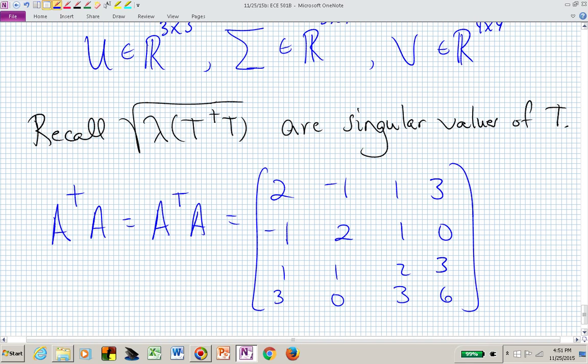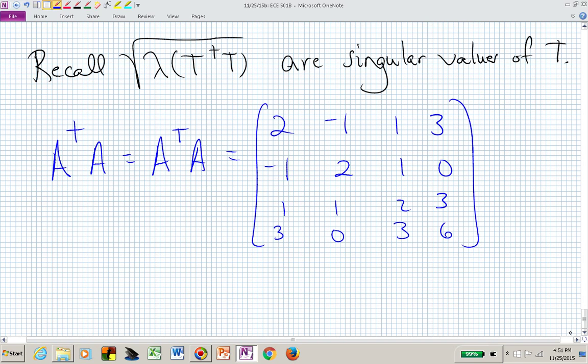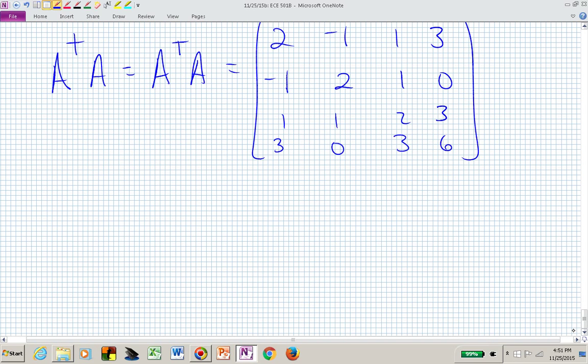So that's now our A transpose A, and we can find its eigenvalues. Those eigenvalues are actually 3, 9, 0, and 0. It's a 4 by 4 matrix, so we would expect 4 eigenvalues.